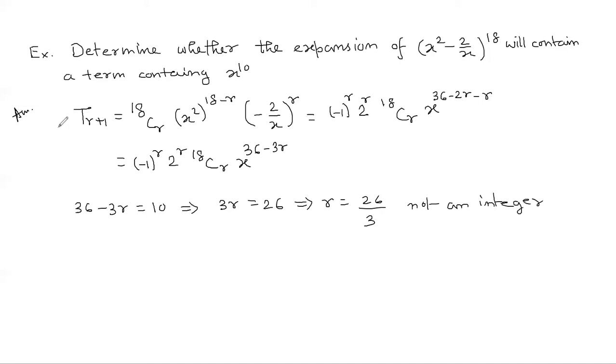But T r plus 1 represents the general term of this expansion, which is valid for r equal to 0, 1, 2 up to n, that is 18. So r may take only positive integral values. So here we are getting r as a fraction. So our conclusion is r cannot be a fraction.